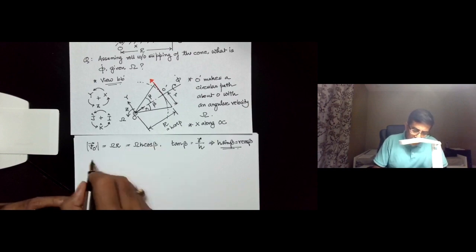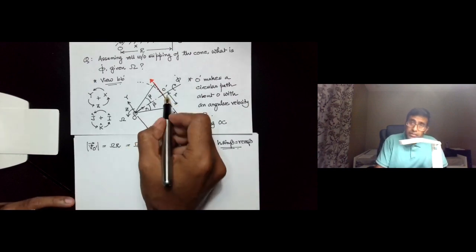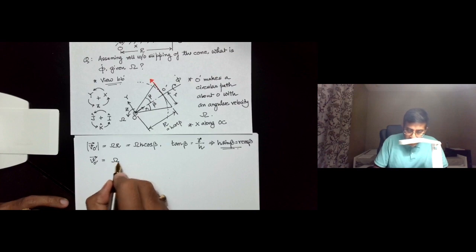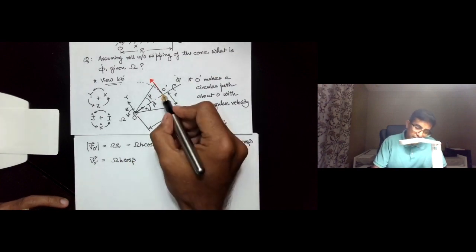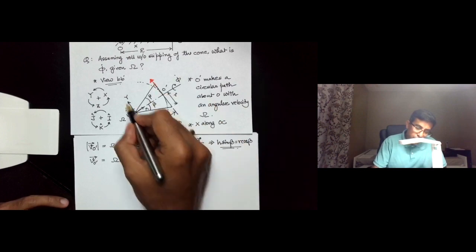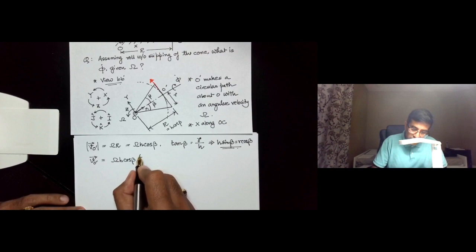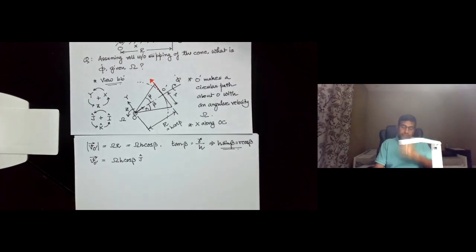So here is the linear velocity of the point O prime, and if you express it as a vector, it is omega times h cosine beta. Now in terms of the vector, it is always going to be parallel to the y-axis, so it is going to be in the j direction, right?